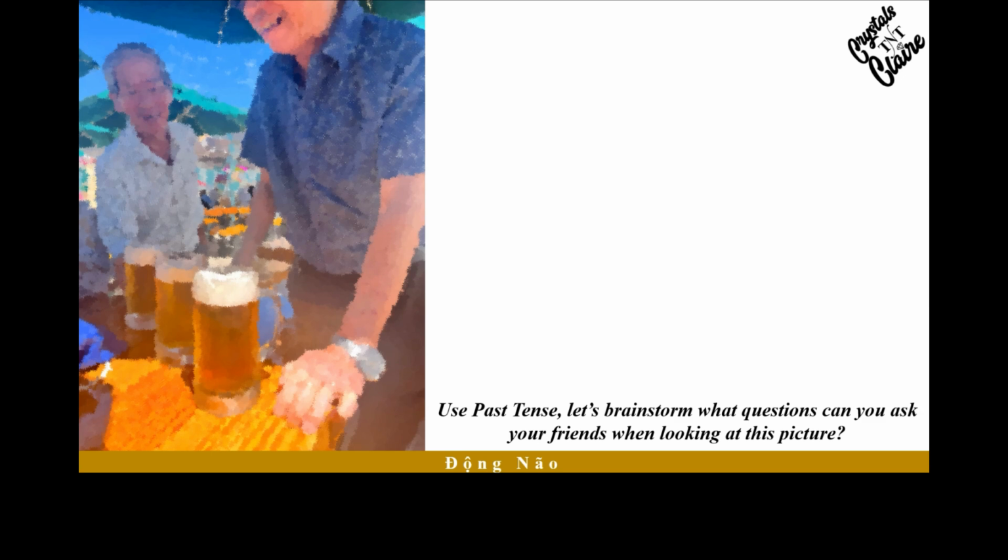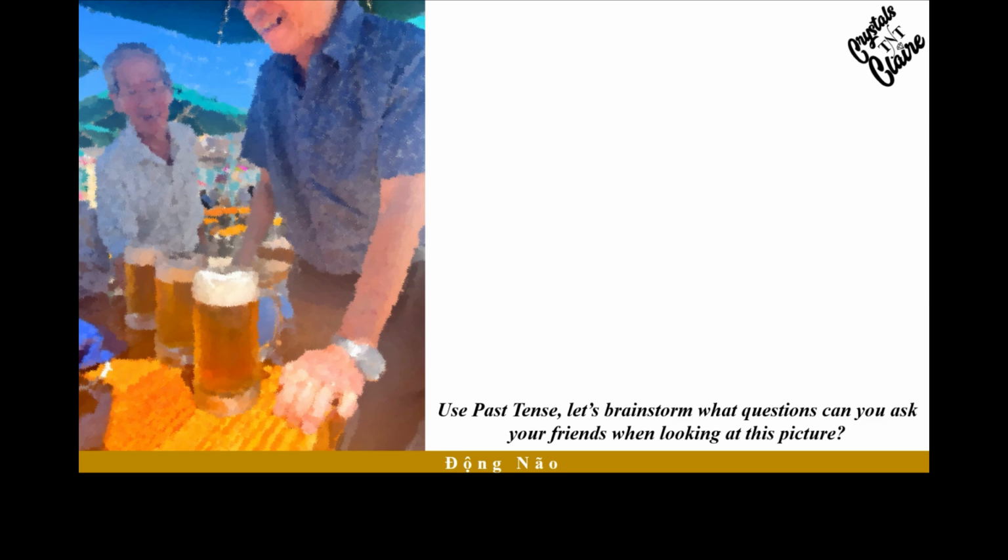Use past tense. Let's brainstorm what questions can you ask your friend when looking at this picture. Okay, think out some questions to ask your friend. How many people are there? Yes. What are they doing? Are they smiling or crying? How many glasses of beer on the table?